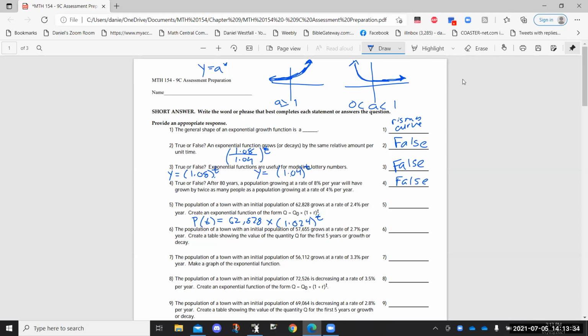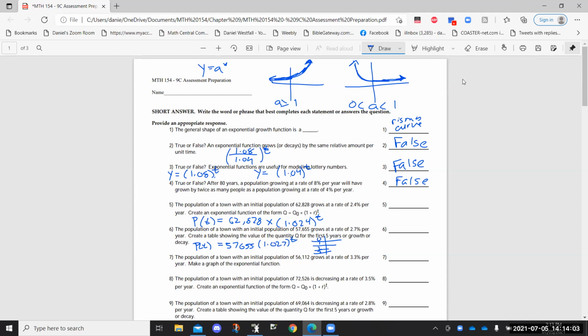Now they want me to create a similar function here and make a table of values. For the table of values, we're just going to use T equals 0, 1, 2, 3, 4, and 5.